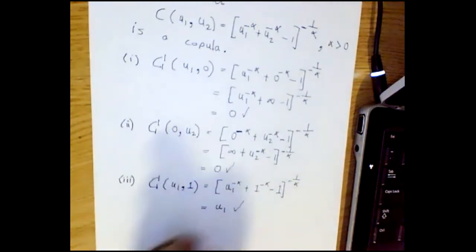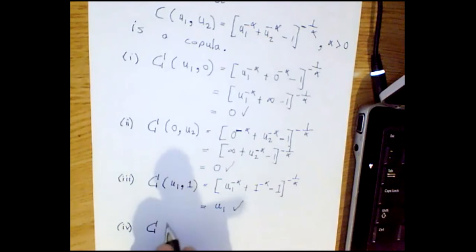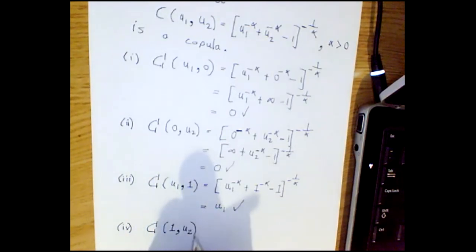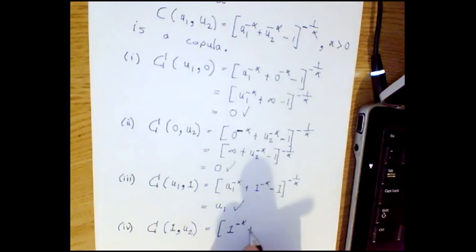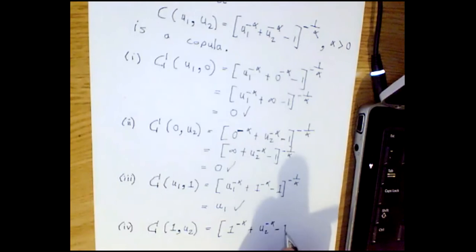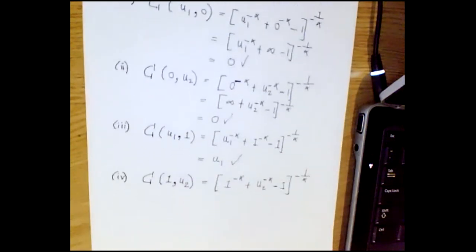Okay. Condition 4. Okay. Now this is 1. 1 minus 1 is 0.